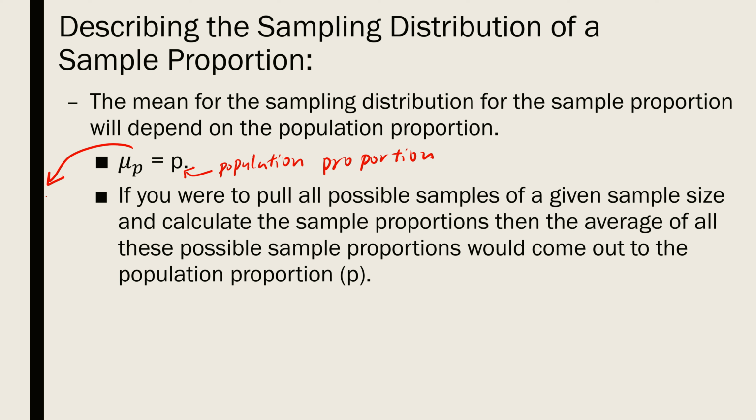The mean of the sample proportion is denoted as mu p. So if you were to pull out all possible samples of a given sample size and calculate the sample proportions, then the average of all these possible sample proportions will come out to the population proportion, which is p.